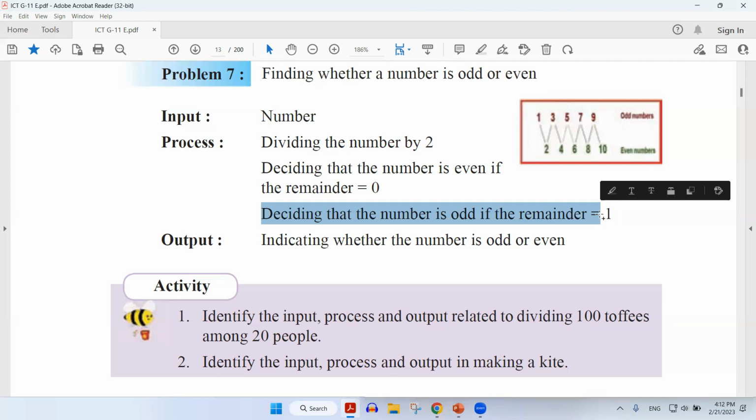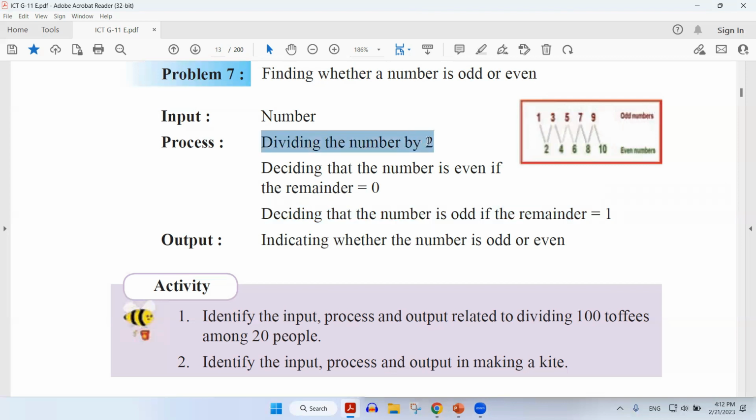So what we have to understand is, in the process, first we divide it by 2 and we take the remainder, and if the remainder equals 0, this is a condition. If the remainder equals 0, then we consider it as an even number.